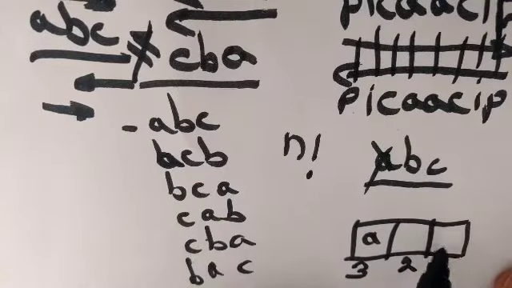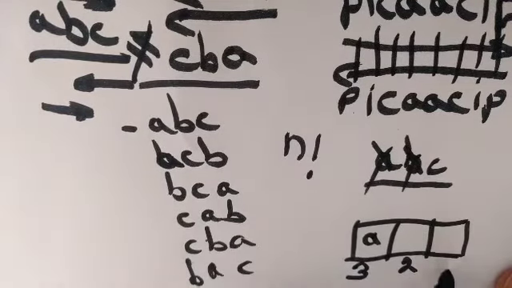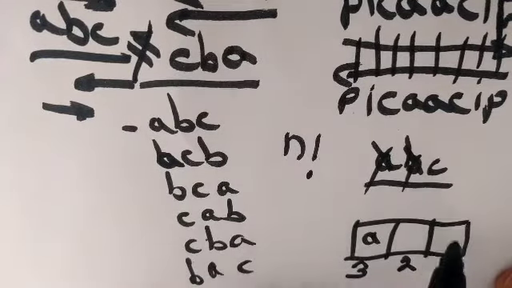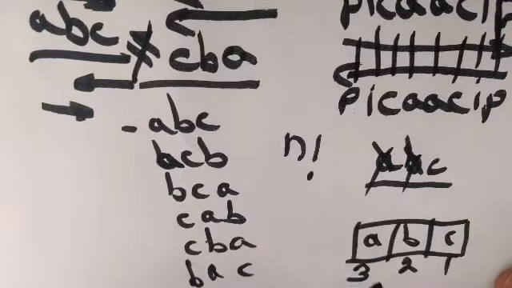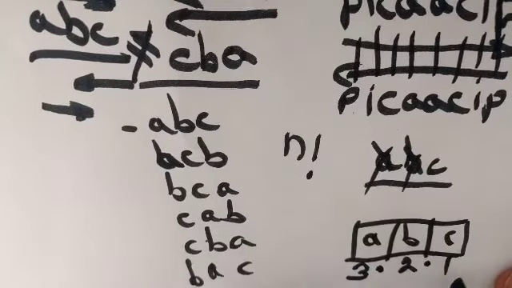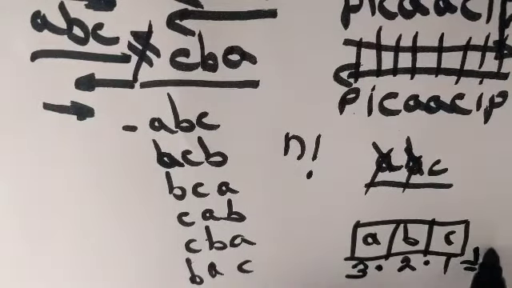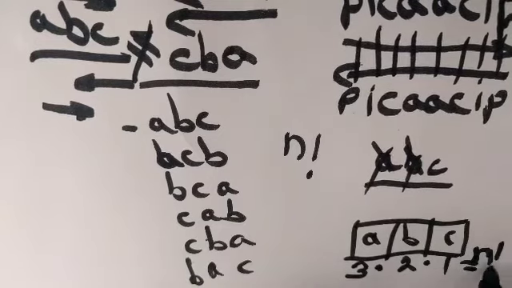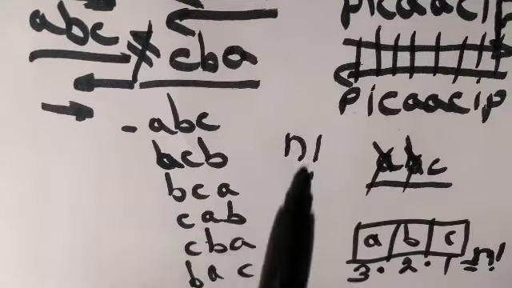And for each such choice, we are left with only 1 letter, and we have to put it here. So for this one we had 3 choices, then 2 choices, then 1, which is n factorial.